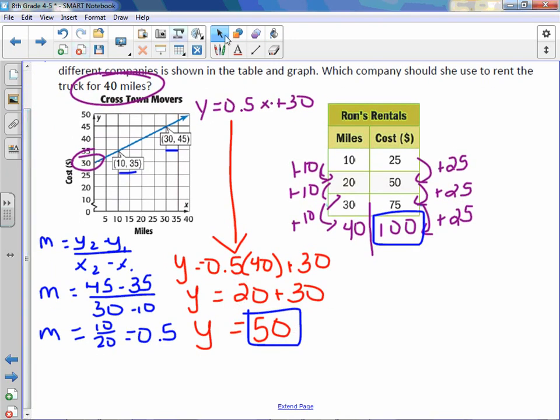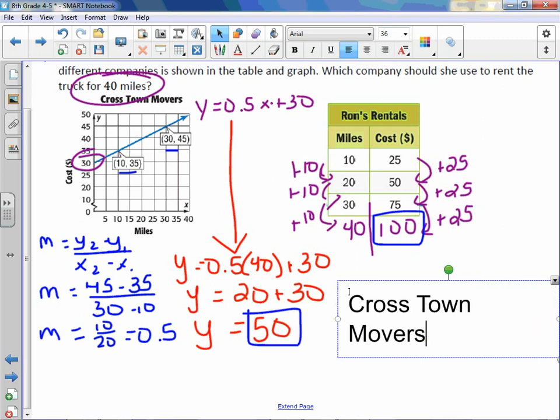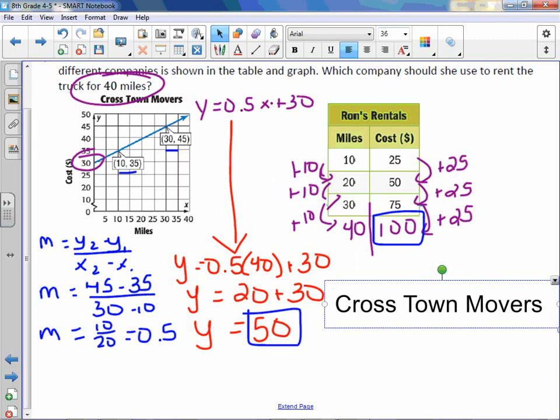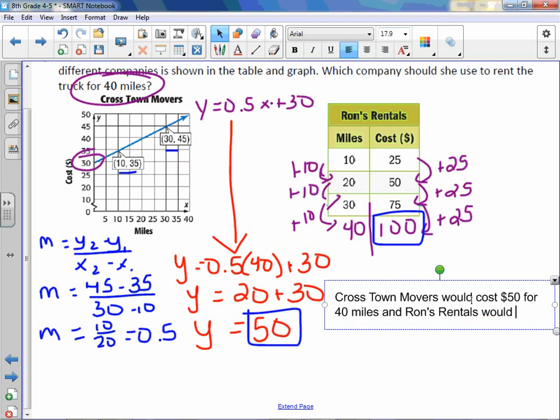So let's jot something down to answer the question here. So let's write down everything we know here. Crosstown Movers, again, let's make this a little bit smaller. Okay, Crosstown Movers would cost $50 for 40 miles, and Ron's Rentals would cost $100 for 40 miles.